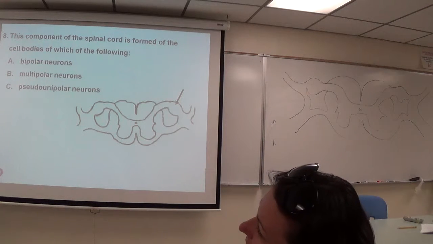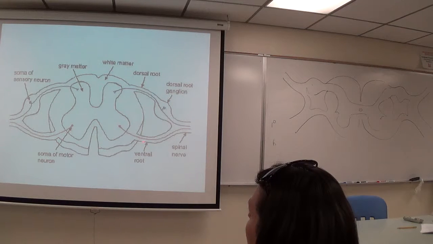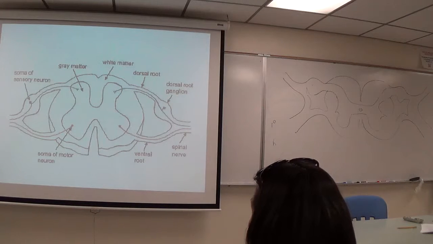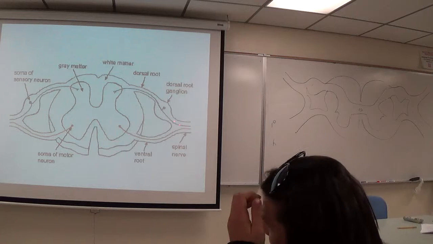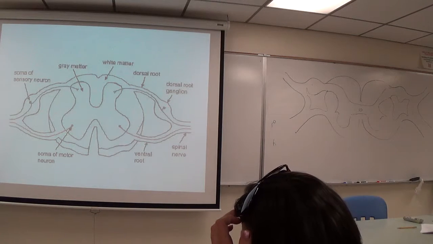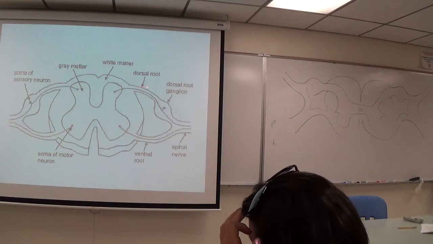bipolar neurons. Okay. So looking at our diagram again, this isn't showing rami, but we would have our sensory neuron coming in through either the dorsal or ventral rami to the spinal nerve. Cell bodies of pseudo-unipolar neurons then pass through the dorsal root.